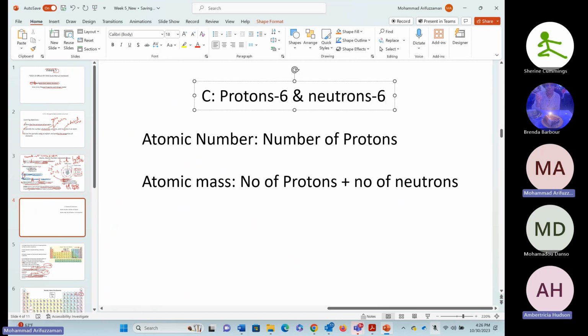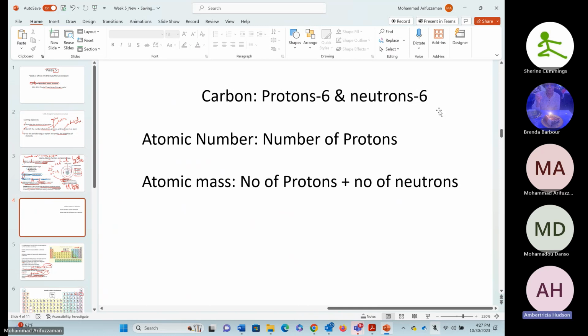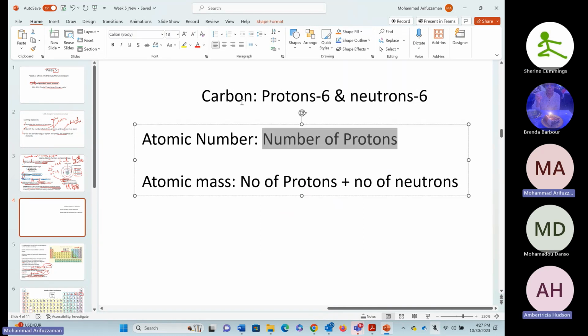Can you calculate the atomic number of carbon? It's 6, the protons. And can you calculate the atomic mass of carbon? It's 12, because 6 plus 6 is 12, which is the atomic mass, and the number of protons, 6, is the atomic number.